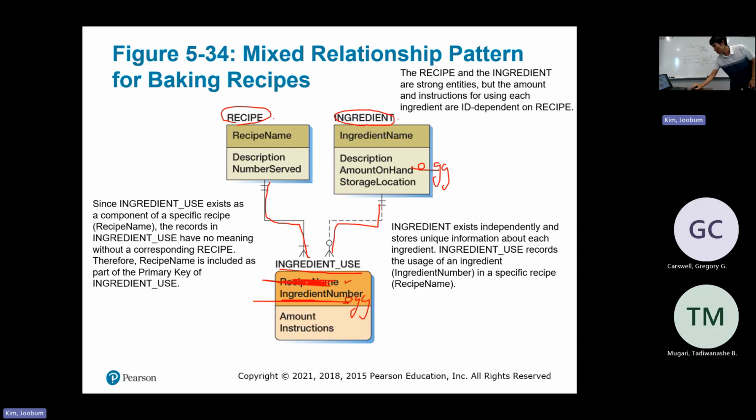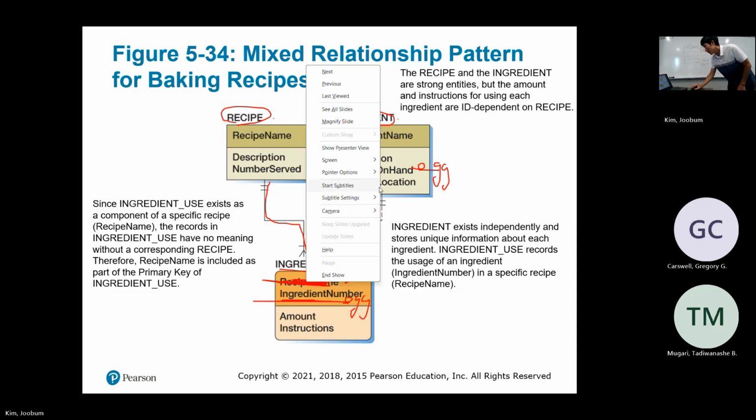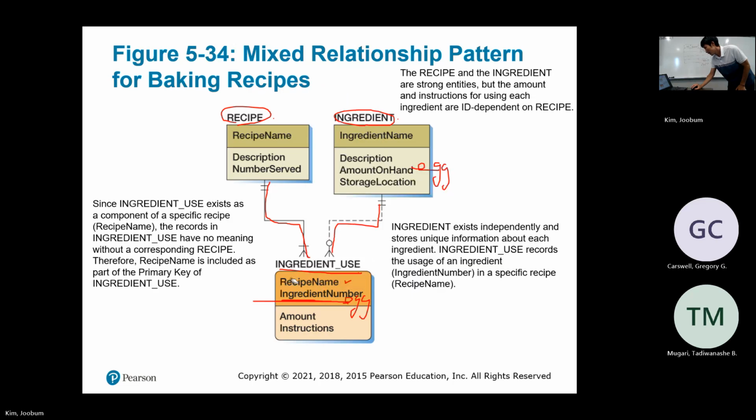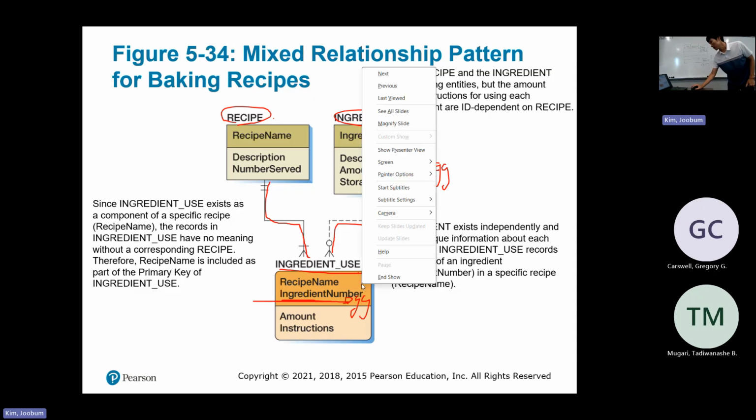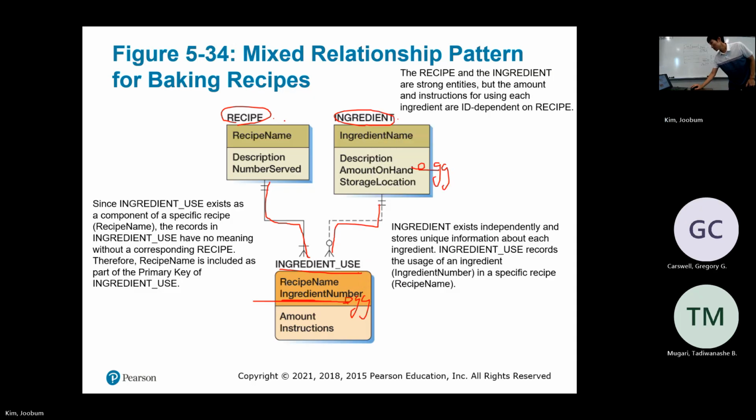So we have to add the recipe name, which means I'd like to make the cookie here, cookie there, and I need 5 eggs.